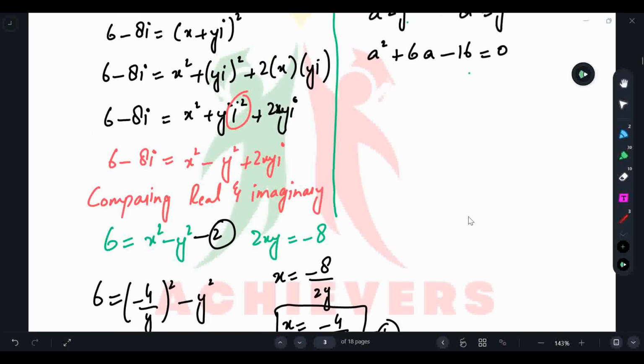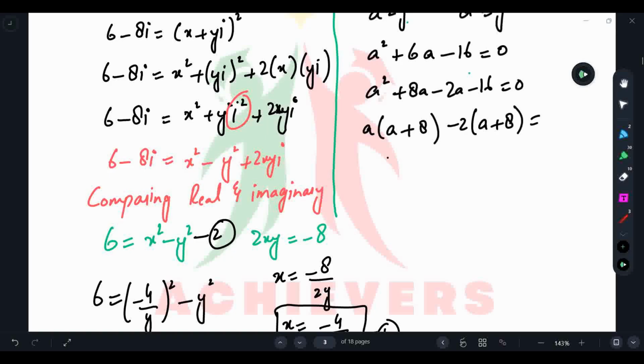Okay, now this one is fine. Now we can use the middle term breaking, so this will be a squared plus 8a minus 2a minus 16 is equal to 0. We can take a common, so a plus 8 is common. So (a plus 8) into (a minus 2) is equal to 0. So a will be equal to minus 8 and a will be equal to plus 2.